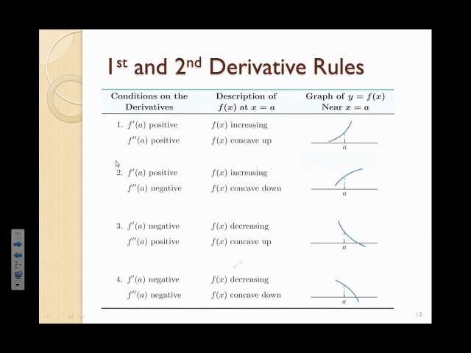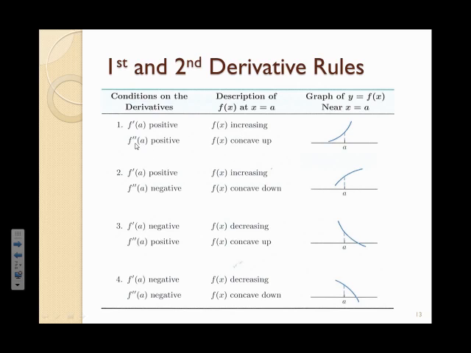Now, using just the first and second derivative rules, can we really get every kind of curve? Well, yes, if we look at the four different cases, we'll get all of the four different kinds of curves that we can have. If the first derivative at a is positive, the function is increasing.